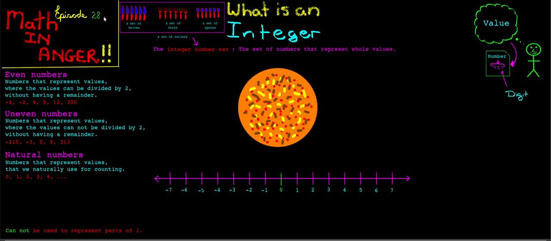This is episode 28, and in this episode we are looking at what is an integer, or integer. Depending on where you live, the pronunciation differs. Most of you will say, yeah, but that's just whole numbers. Well, whole numbers are actually just your natural numbers.